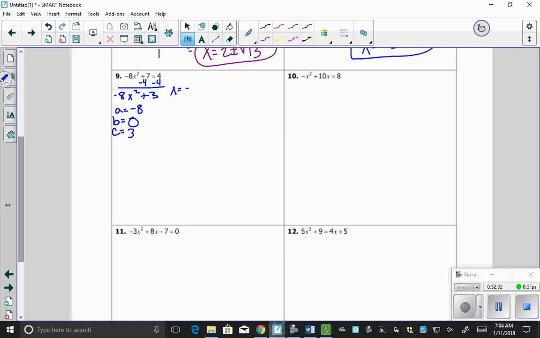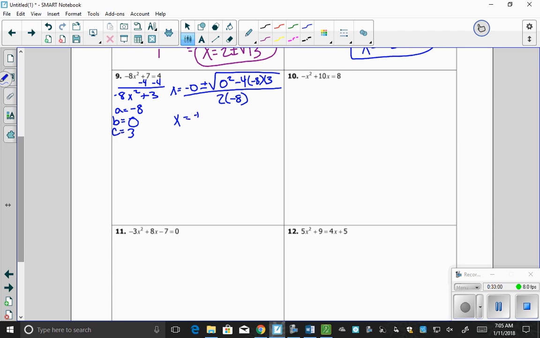the opposite of B plus or minus the square root of B squared minus 4 times A times C, all over 2A. Well, negative 0. When you subtract 0 from anything, it's not going to change the problem. So I don't really have to write that again.